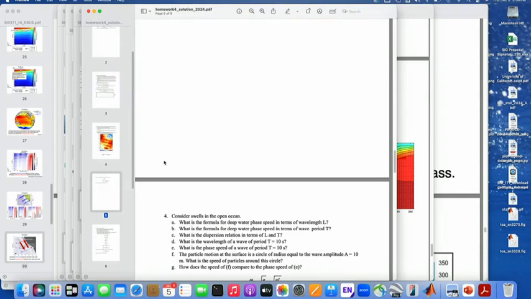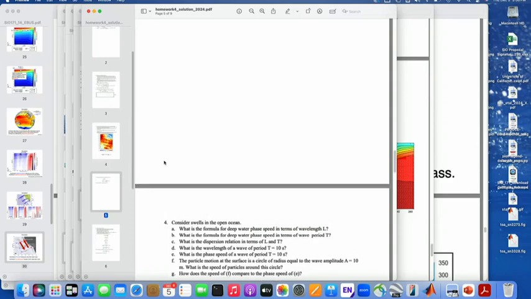Okay, formula for deep water phase speed. What am I trying to do? Go back, look at the slide that's got deep water phase speed on it, and write that down. That's step 1.